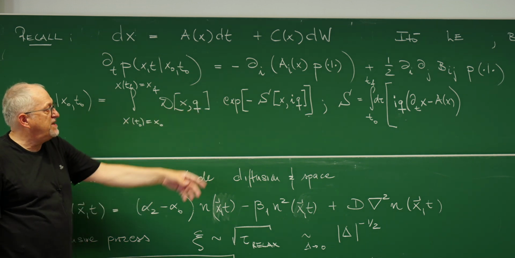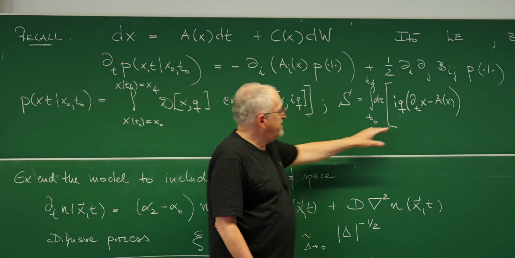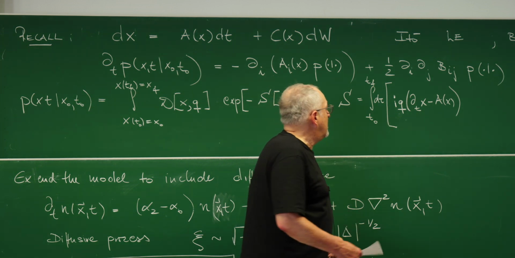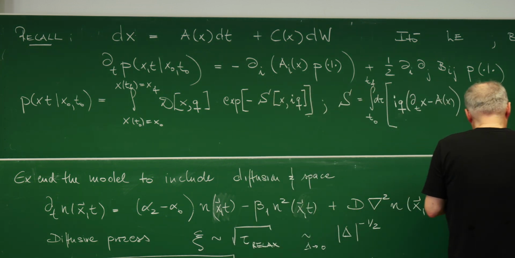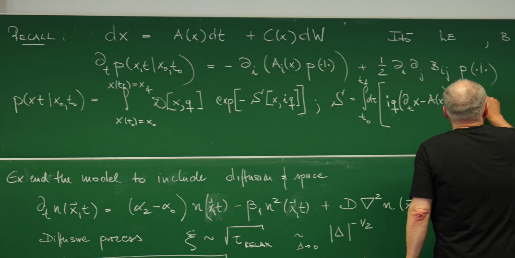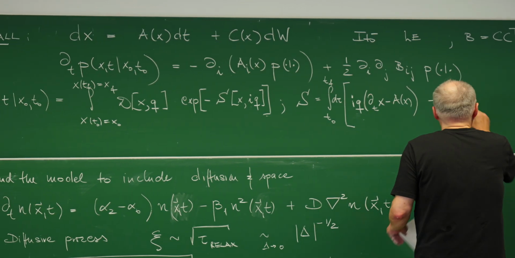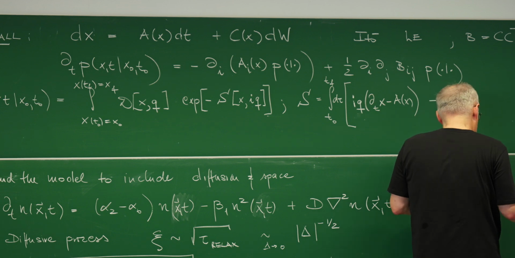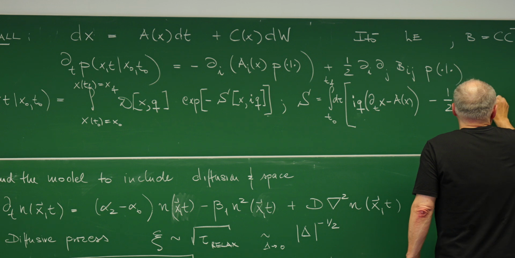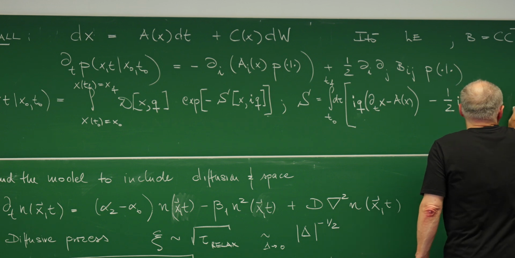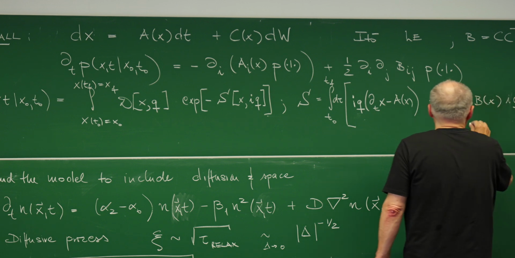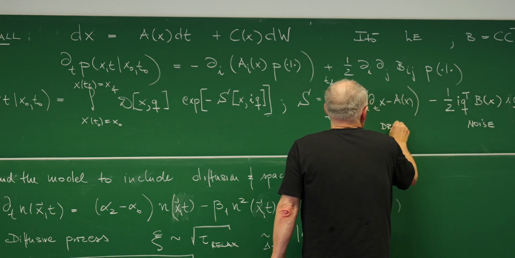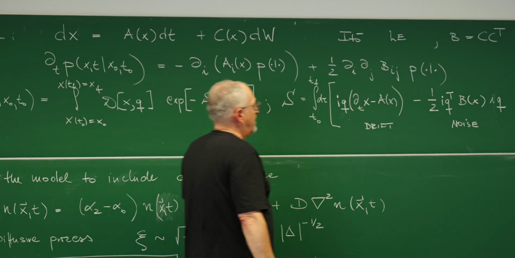And the solution would be the most likely path, the classical path, which is the solution of the deterministic equation. You don't have quite that. You have here a part coming from the noise. And this is complex unit transpose B of x i Q. And that's coming from the noise. And this is coming from the drift.